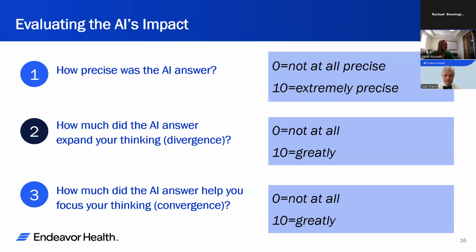There you go. Okay. First question, how precise was the AI answer? So I'd say the plurality said it was 7 out of 10. Fairly precise, fairly good precision. Okay, not bad. On how much did it expand thinking? So, well, divergence of thinking is spread across a range of ratings.